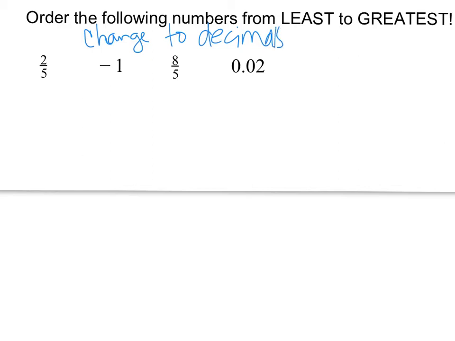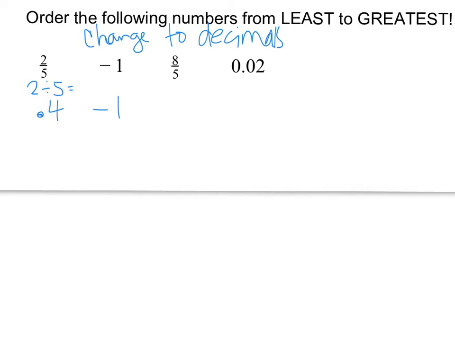Okay, so 2/5. All you have to do to that is take your calculator in your hand and divide. Take 2 divided by 5, and you get 4/10. Excellent. -1 is already -1. Then we have 8/5. We need to change it to a decimal.